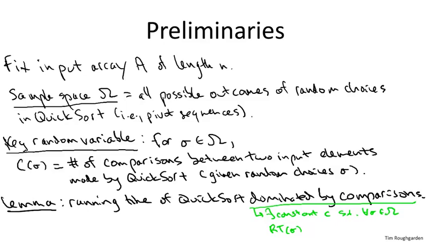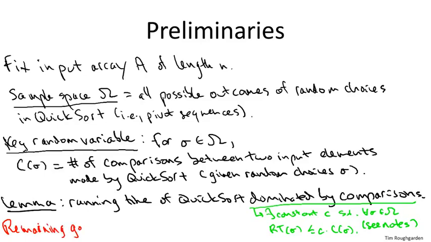Let's say that by RT, I mean the number of primitive operations of any form that quicksort uses, and for every pivot sequence sigma, the total number of operations is no more than a constant times the total number of comparisons. If you want a proof of this, it's not that interesting, so I'm not going to talk about it here, but in the notes posted on the website, there is a sketch of how you can formally argue that there isn't much work beyond just the comparisons. But I hope most of you find that pretty intuitive.